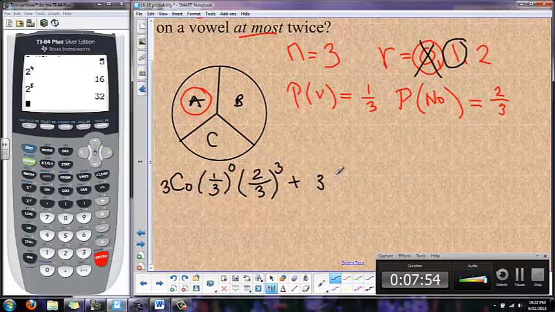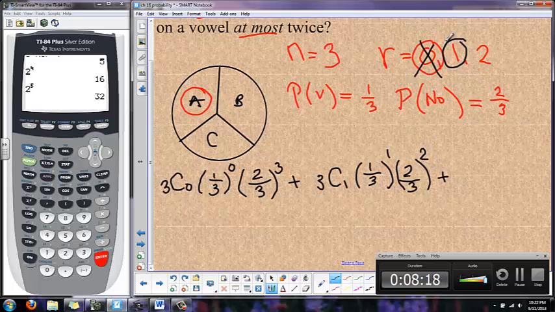Plus, forget about the 0 and let's take a look at our 1. 3 choose 1. Probability of a vowel and probability of not a vowel, or a consonant, just in case. We like using that word instead. How many times am I going to get a vowel this time? Well, this time I'm looking at 1 success. So out of a total of 3, that means I have 2 things that are going to be failures.